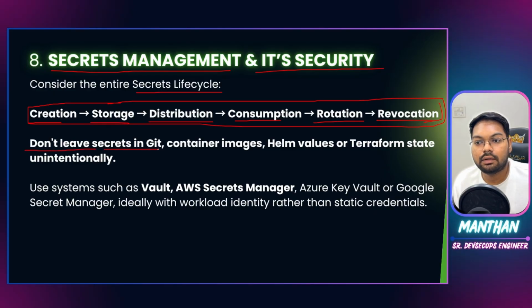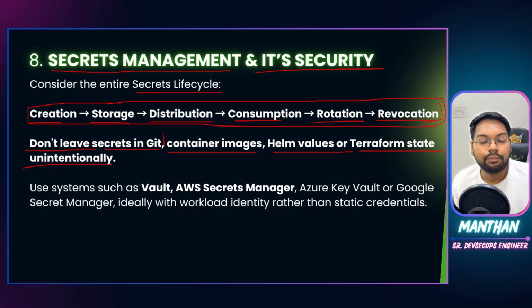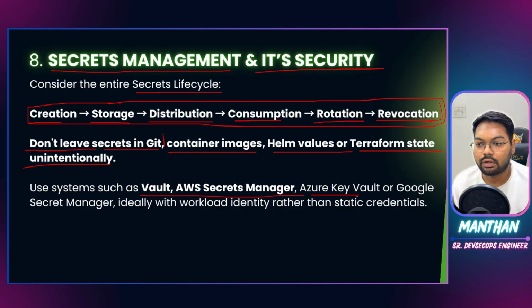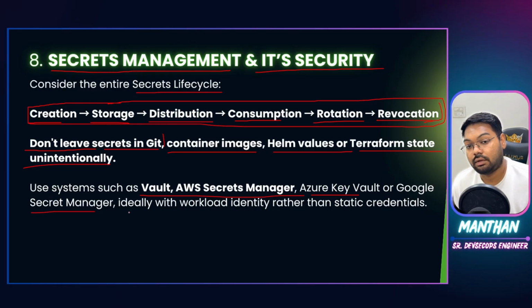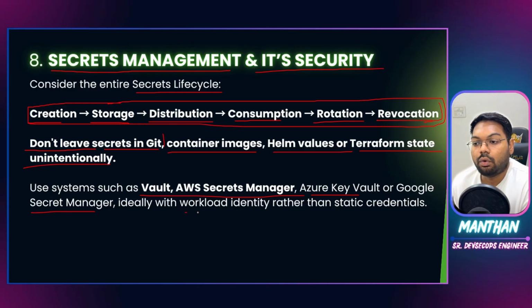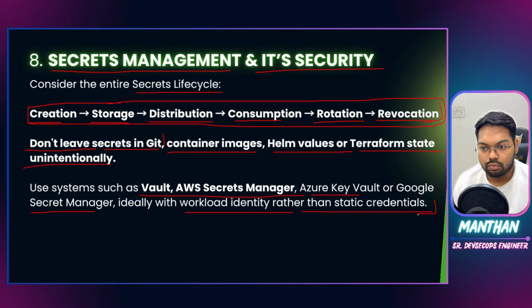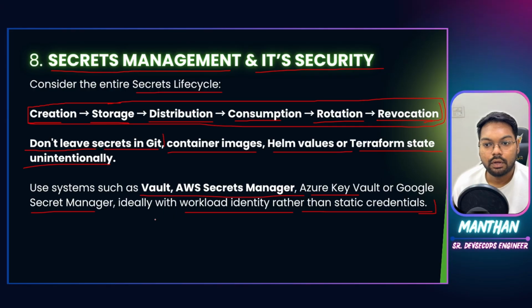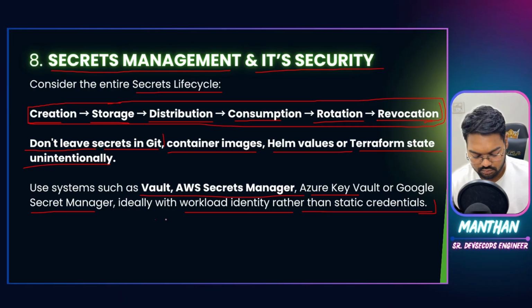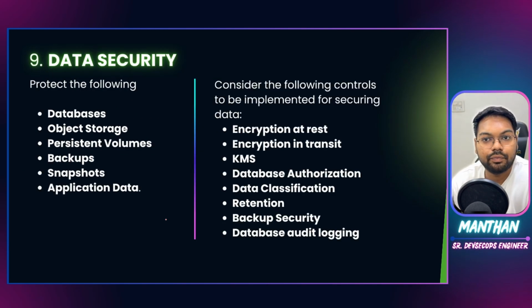Then don't leave your secrets inside a Git repository or container images or Helm values or Terraform state files, unintentionally or intentionally. We need to make sure that someone does not do this. And then use systems such as Vault or AWS Secrets Manager, Azure Key Vault, or Google Secret Manager, ideally with workload identity rather than static credentials. You should not use API tokens or anything like that, which can expose your entire sensitive workloads or databases.